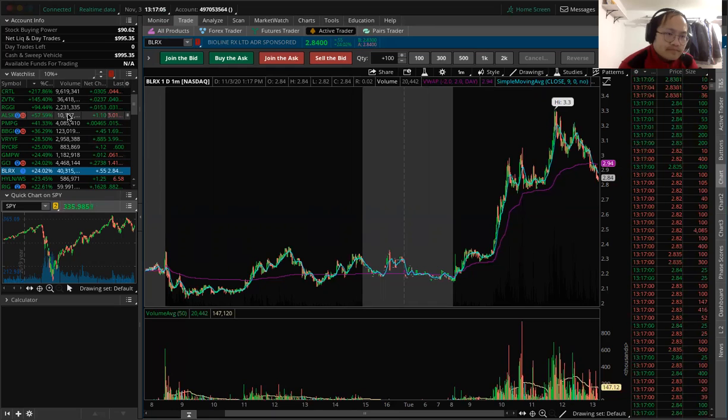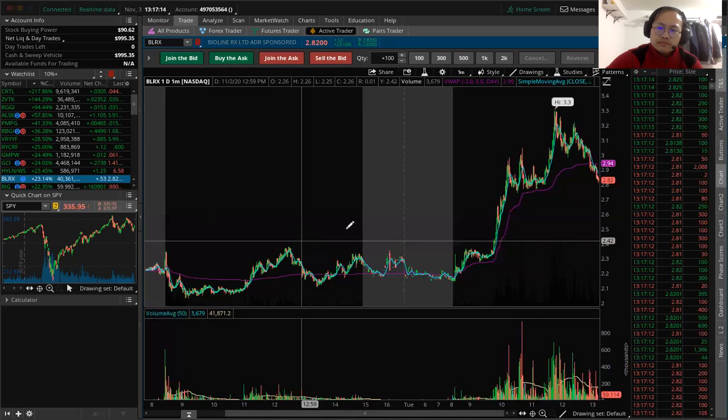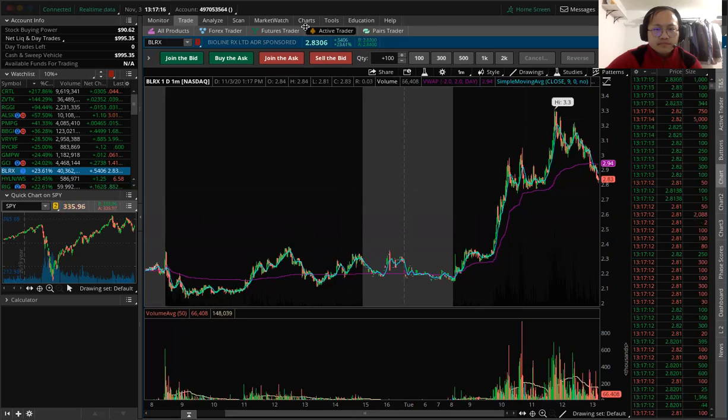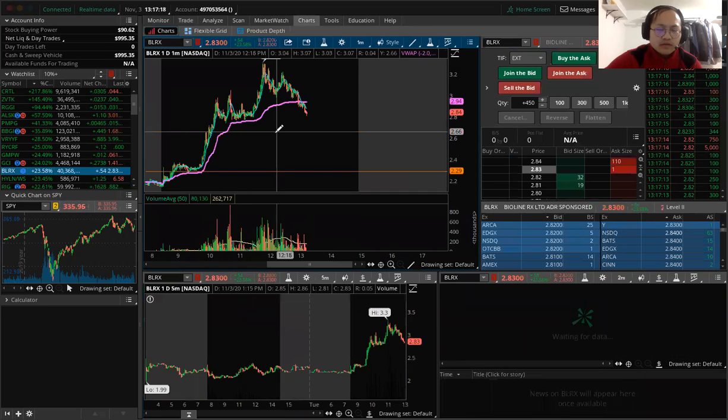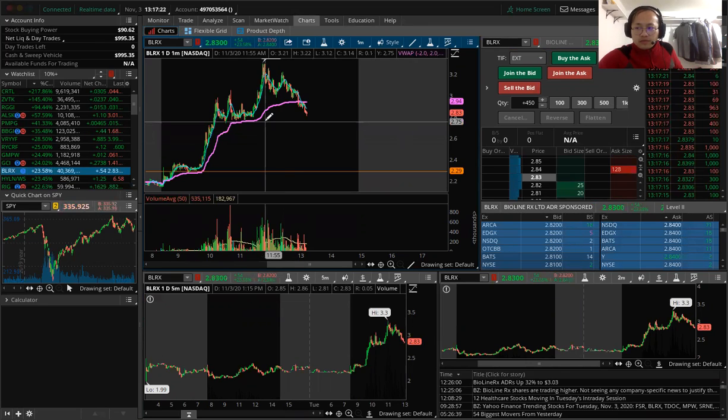Overall, okay trades. Not too ideal entries. So I took my losses and cut them. That is something that I've been doing really well.